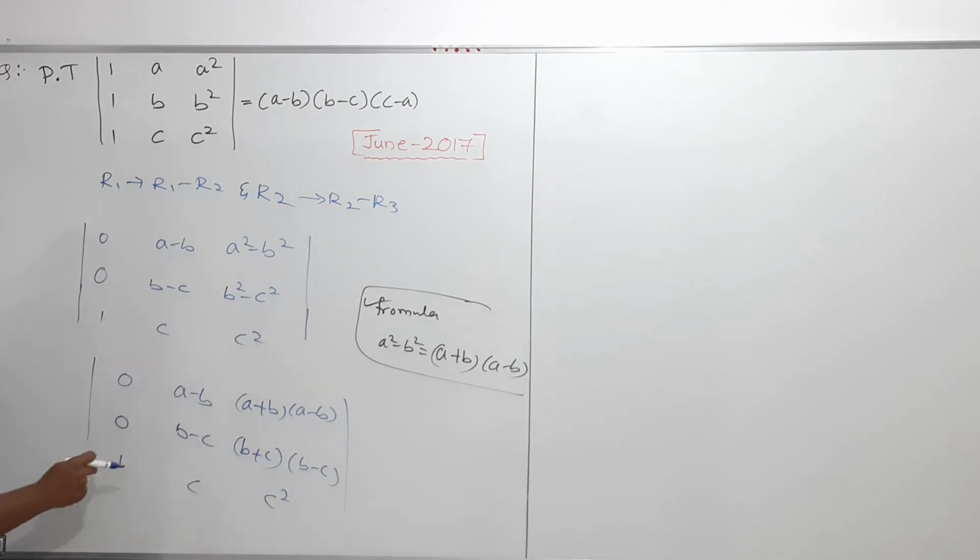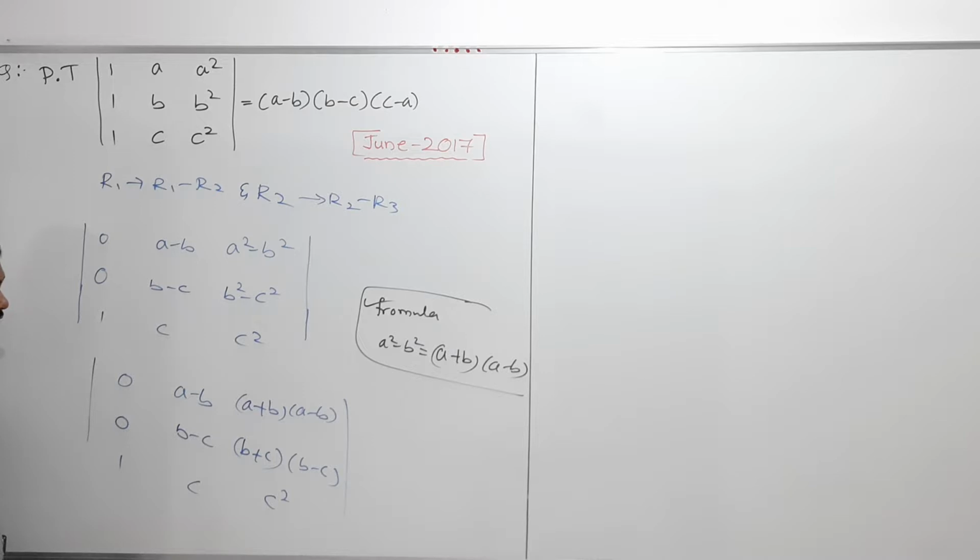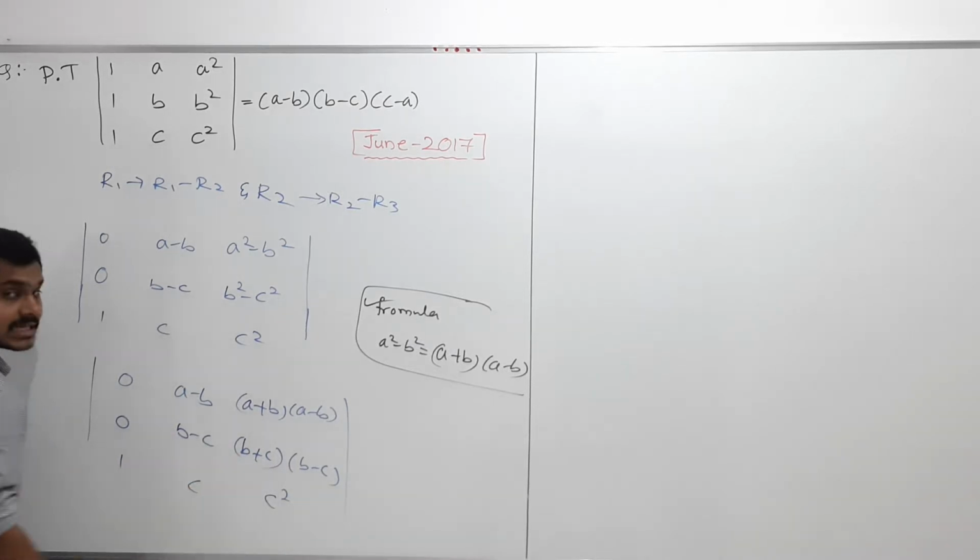So to prove this, from the first row I will take a minus b common. Here it is 0, and here also a minus b is there. I can take a minus b common. Here b minus c is there. From these two also I can take b minus c common.